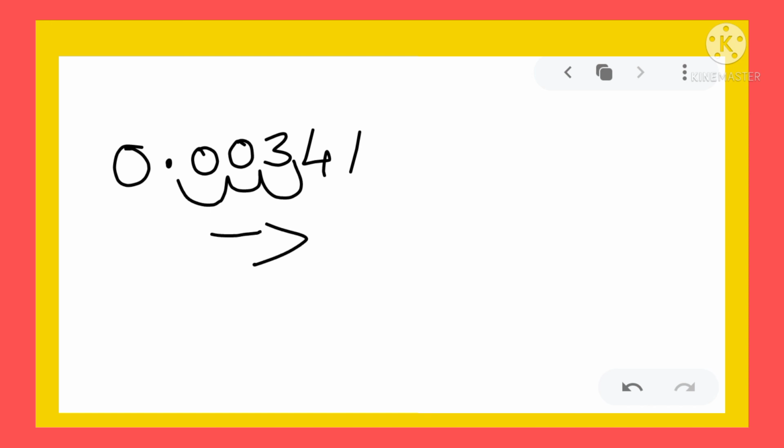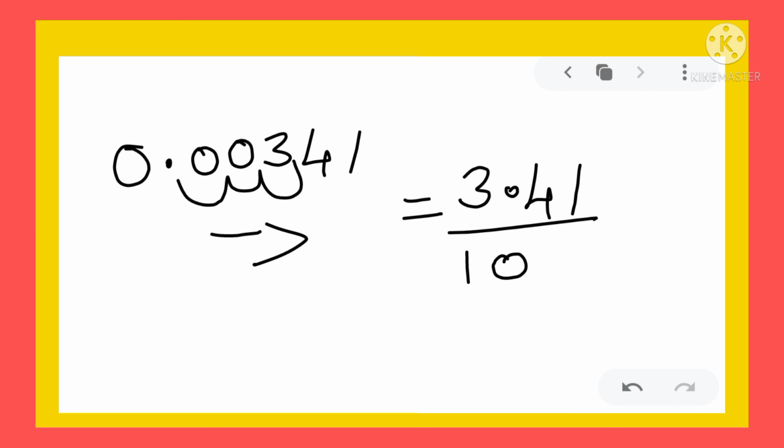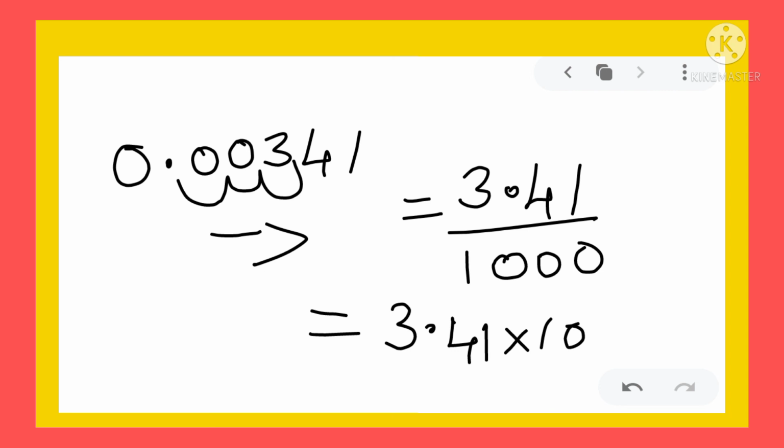Or we can write it as 3.41 by 1, 2, 3. Then this can be written as 3.41 into 10 raised to minus 3. That means how many decimal places we move to the right, that number we write as a negative power.